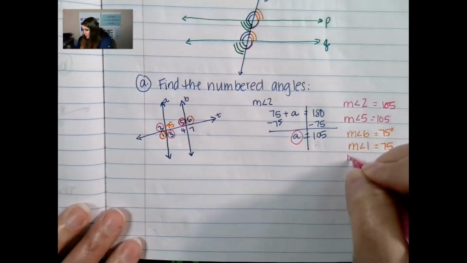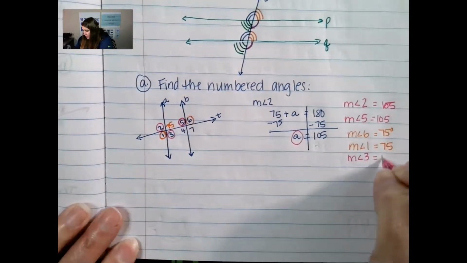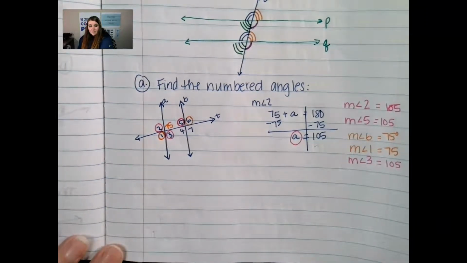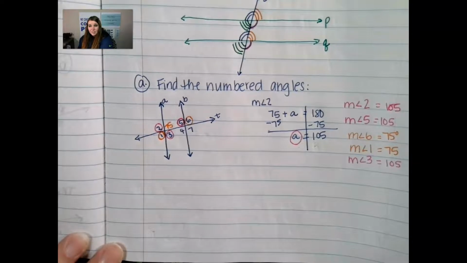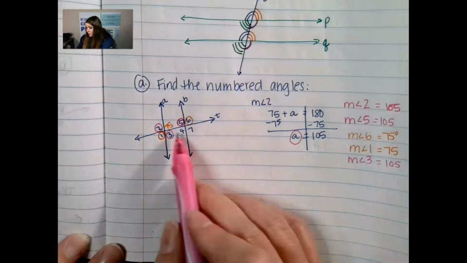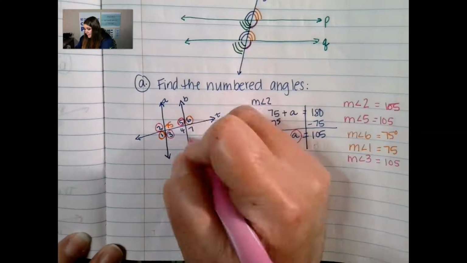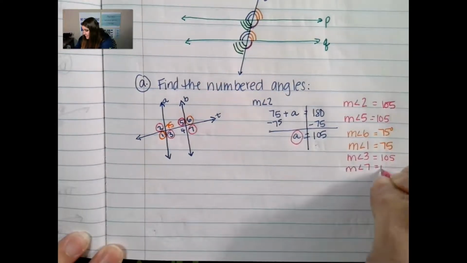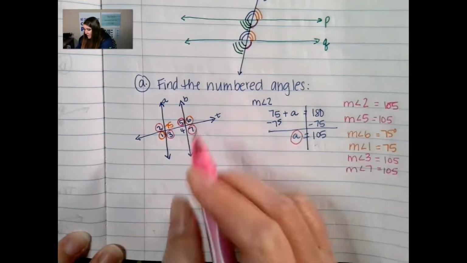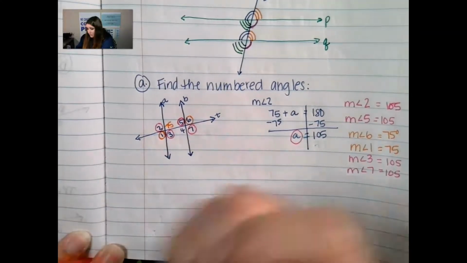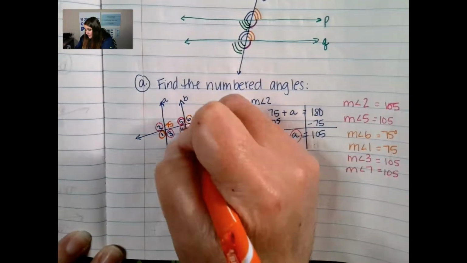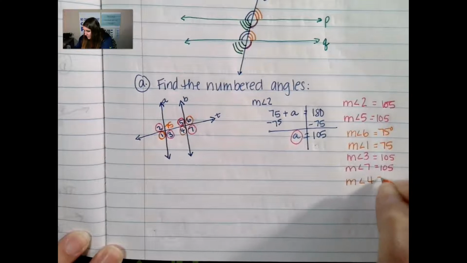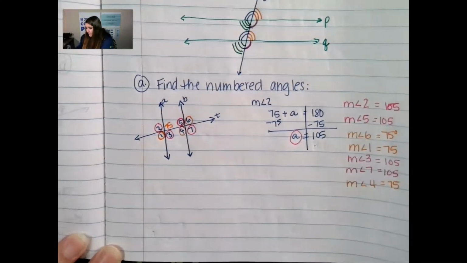So the measure of angle 3 is also 105. So we're almost done with this. We're going to come over here now and look at this one. Opposite. Measure 7 is 105. And then the vertical angle, the one opposite of 6, is 4. So the measure of angle 4 is going to equal 75.